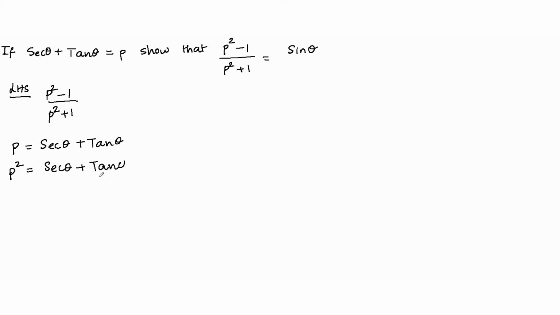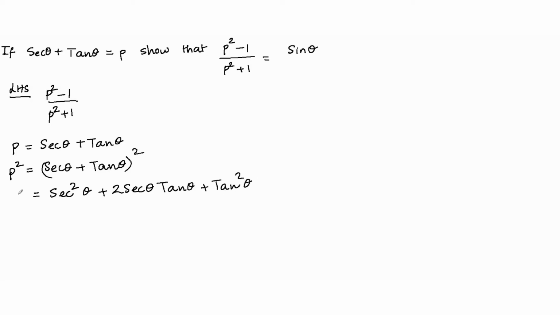So now let us apply a plus b whole square. So a plus b whole square is a square, that is sec square theta, plus 2ab, that's 2 sec theta tan theta, plus b square, that is tan square theta. So this is the value of p square.